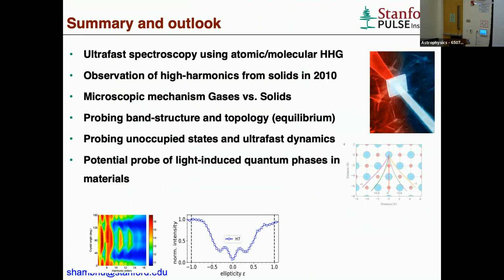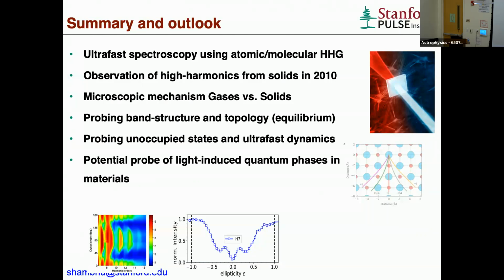With that, I would like to summarize my talk, because we have another talk coming. What I told you so far is I introduced you to the high harmonic spectroscopy technique, which was used in atomic and molecular systems for a long time.